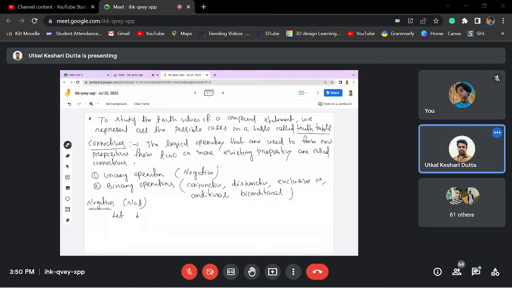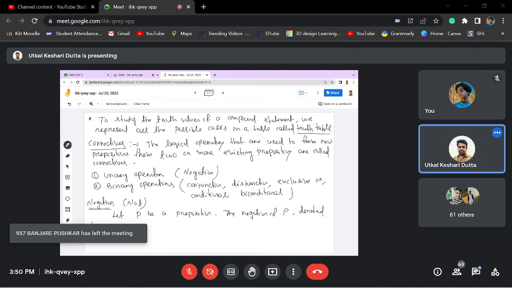There should be a given proposition. So let P be a given proposition. Then we are going to find the negation of P. What is the negation of P? We'll see. The negation of the given proposition P is denoted by, what is that? Do you know the notation for negation of P?